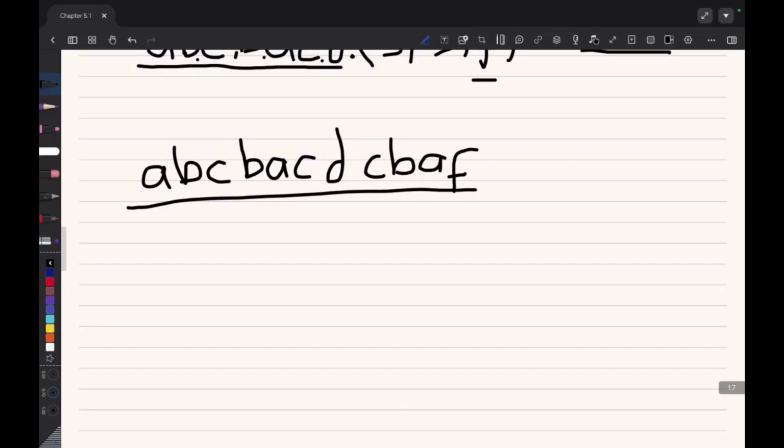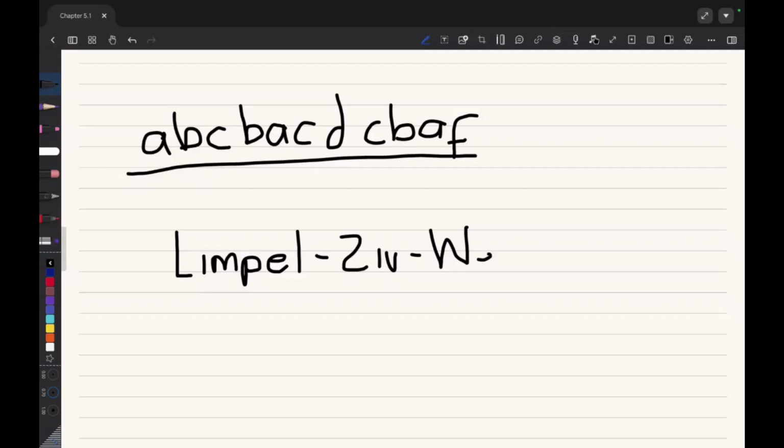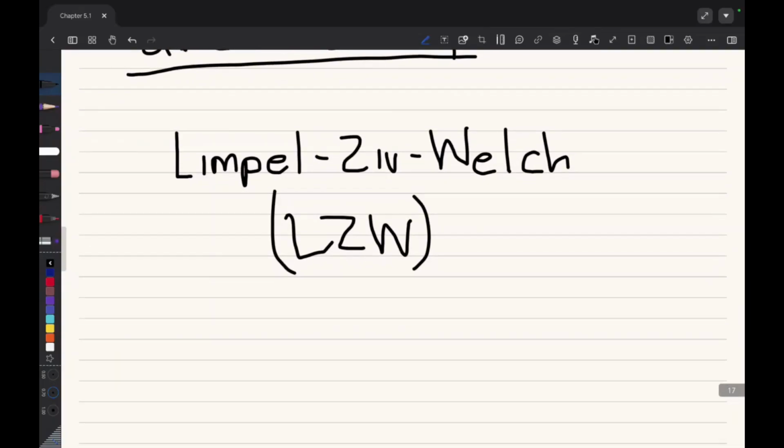All right, now there's another one which we're not going to use. It's called the Lempel-Ziv-Welch, the LZW. We're not going to use this one, but I'm just going to give you an insight of what it's about.